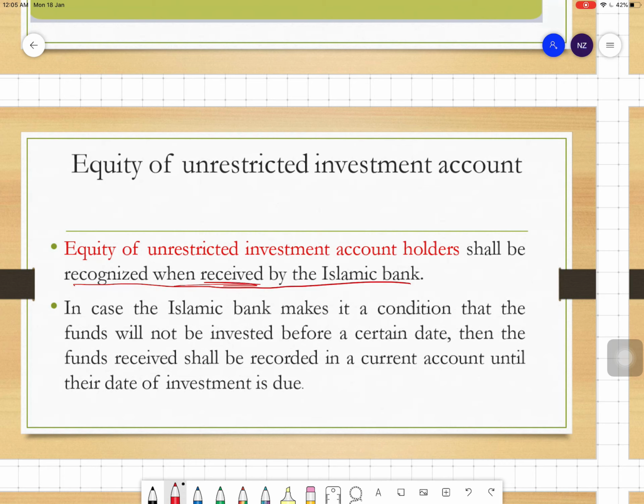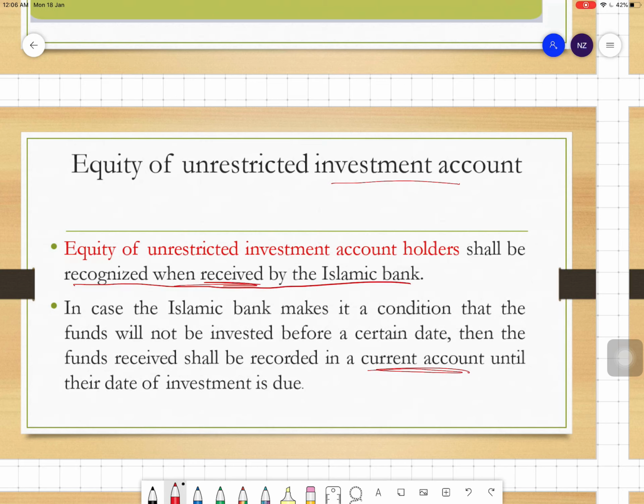Okay, when it is received, and in case the Islamic bank makes it a condition that the funds will not be invested before a certain date, then the funds received shall be recorded in the current account until their date of investment is due. So if you look here, this is the link between the investment account and the current account. We are now on the investment account slide, but in the explanation it also includes the current account. So they are actually related.